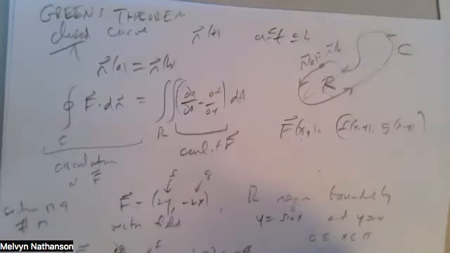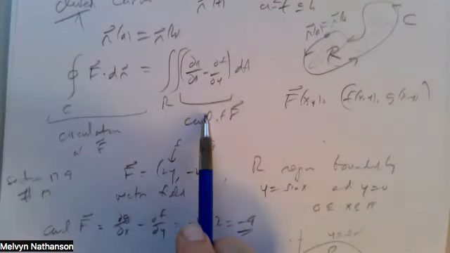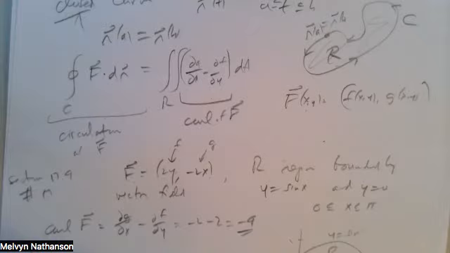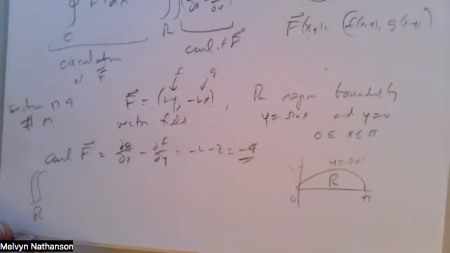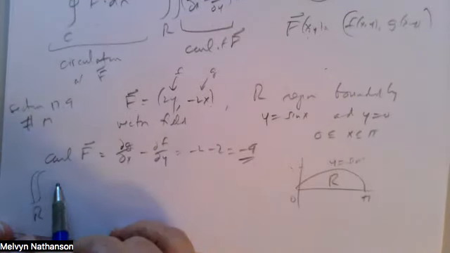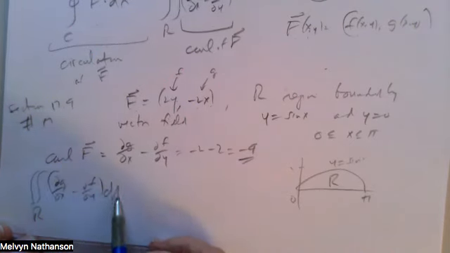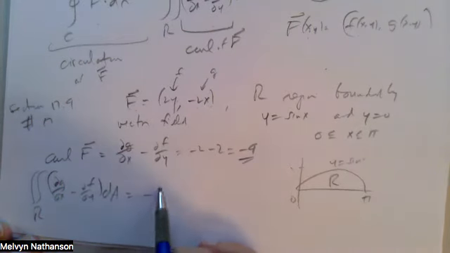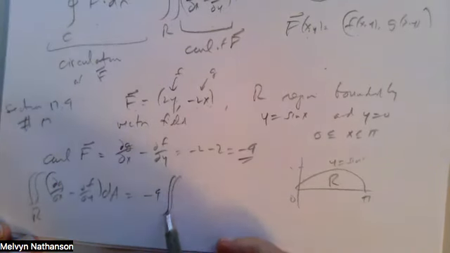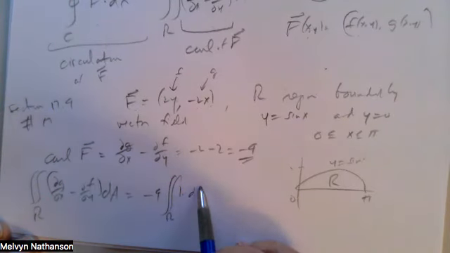And what does the region R look like? From 0 to pi, this is the sine of x. So this is the region R. So the integral on the right-hand side, the double integral over R of partial g partial x minus partial f partial y dA, this is just minus 4 times the integral over the region of 1 dA.